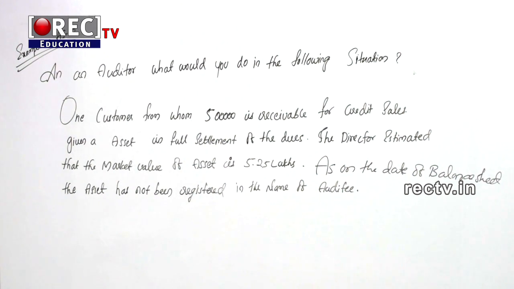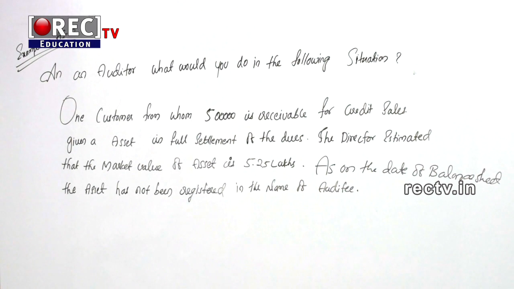Just think for 2 minutes. This question is based on initial recognition, which we learned in segment 3. When a fixed asset is acquired in exchange for another asset, the asset received is usually recorded at the fair market value of the asset given up or the fair market value of the asset acquired, whichever is more clearly evident.